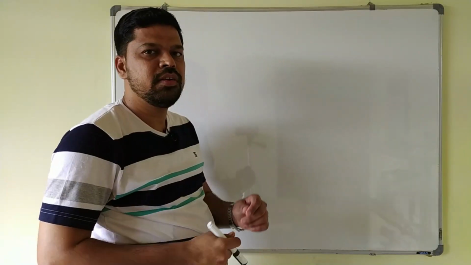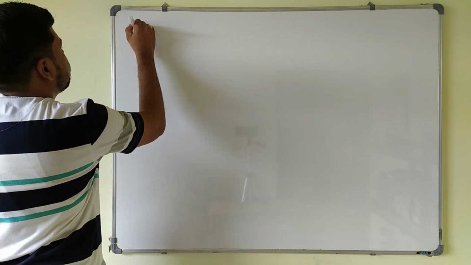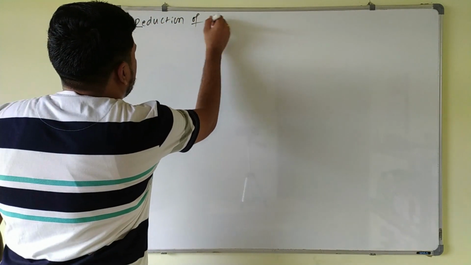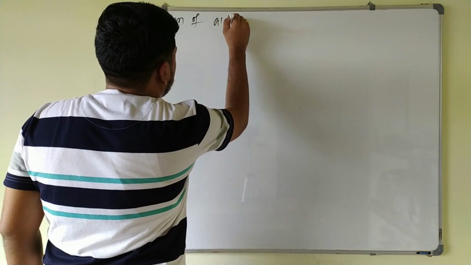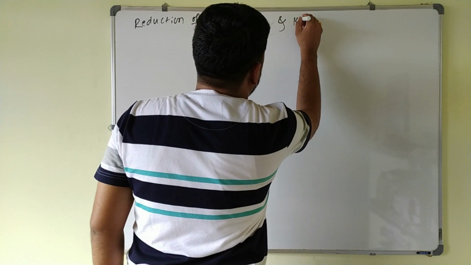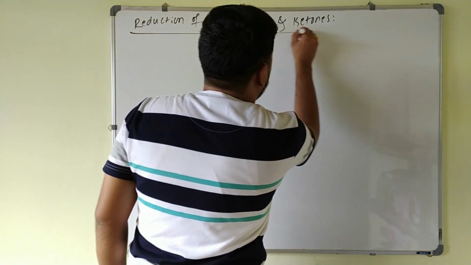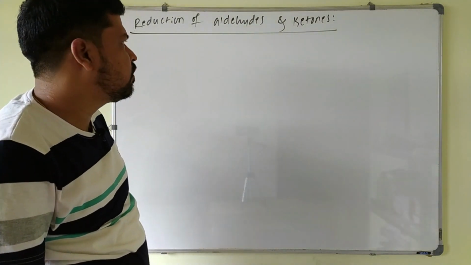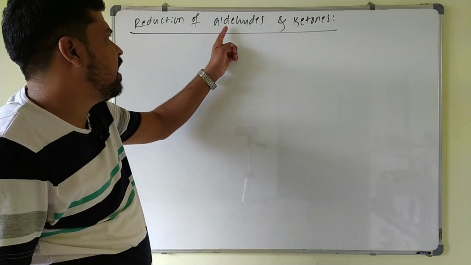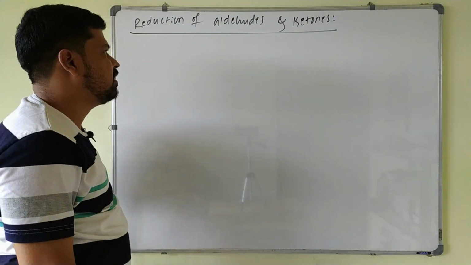Next one. Now we will discuss reduction of aldehydes and ketones. What is reduction? Reduction is nothing but addition of hydrogen or the removal of oxygen. Here these aldehydes and ketones undergo addition of hydrogen type of reduction.